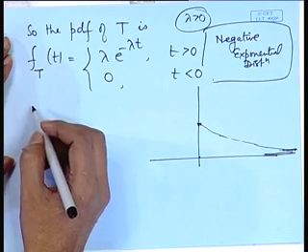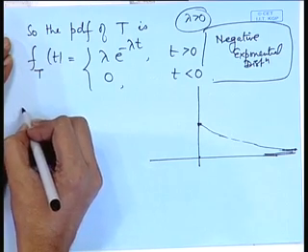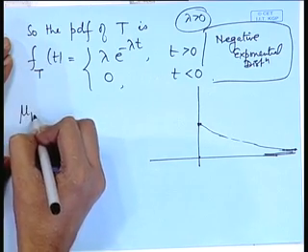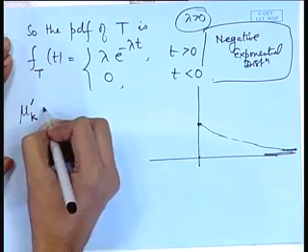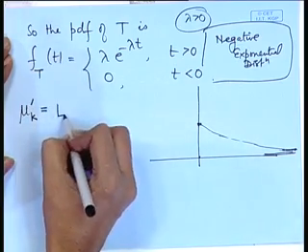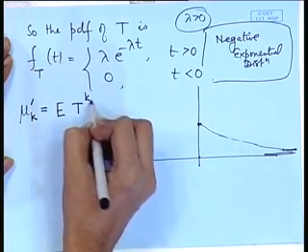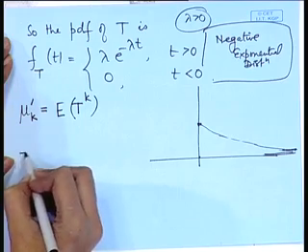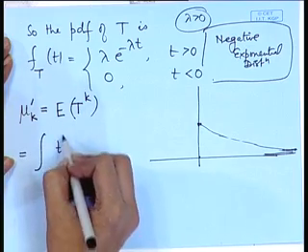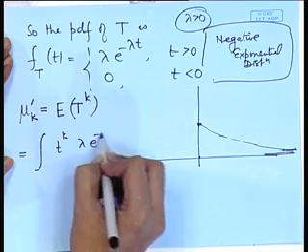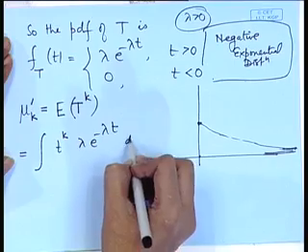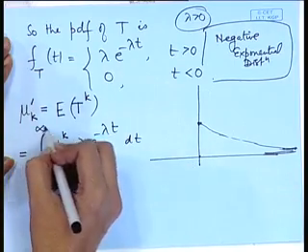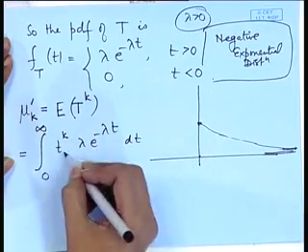Let us look at its moments, etc. So, if we consider a general moment of the kth order, it is expectation of t to the power k, that is equal to the integral from 0 to infinity of t to the power k lambda e to the power minus lambda t dt. Now, this is nothing but a gamma function.